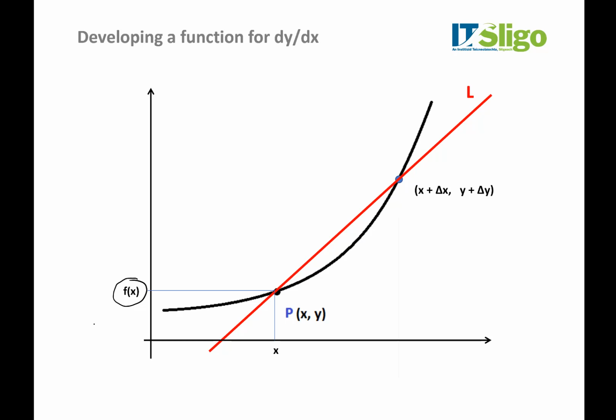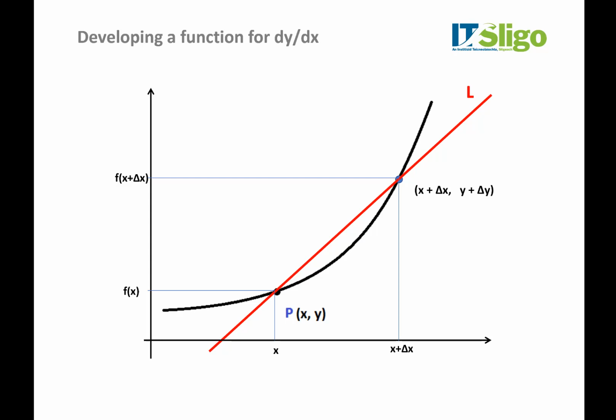Similarly, when we look at our new point, x plus delta x, when we write that as an output, rather than calling it y plus delta y, we can say, well, the output is a function of my input. So on the y-axis, we're just using the more general notation for functions, which we met right at the start of the module.